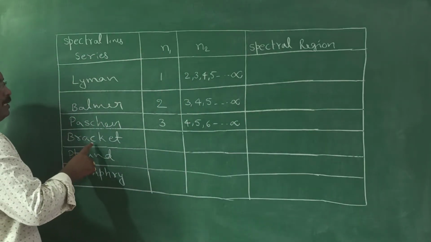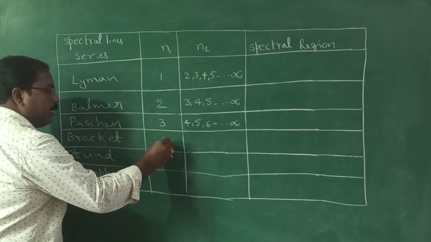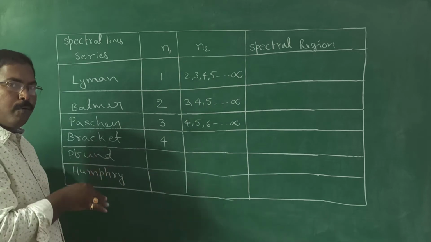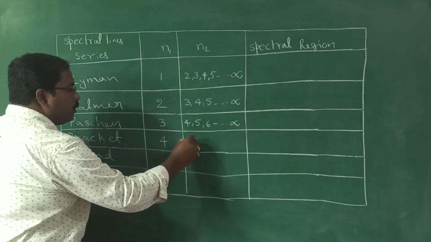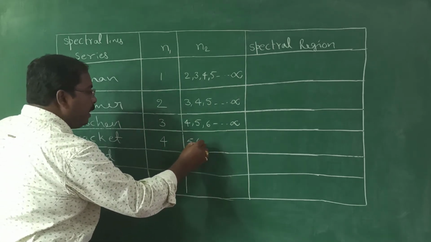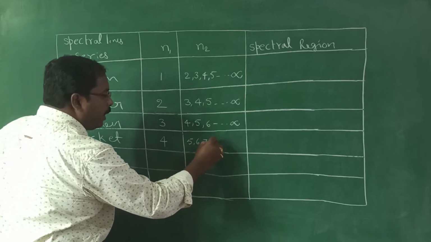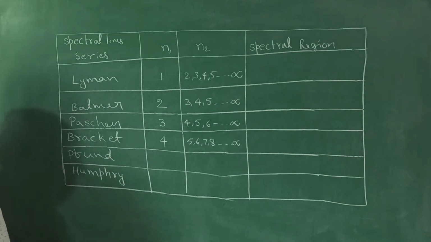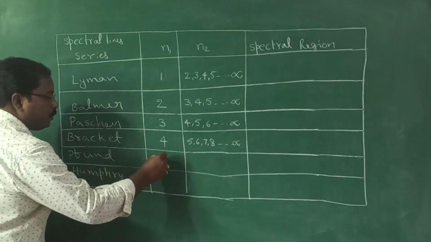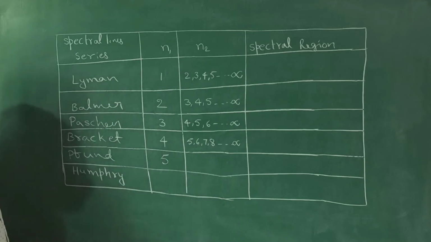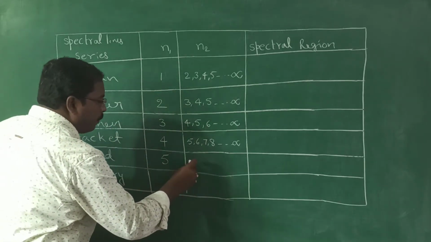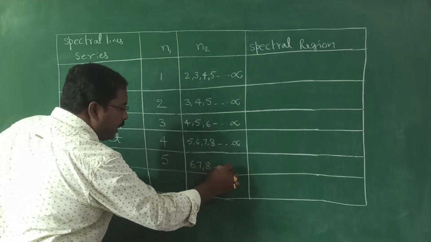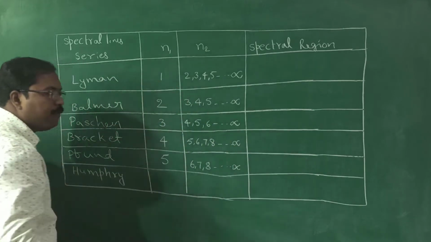Now coming to the Brackett series of lines. In this series, the electron jumps from any orbit to the fourth orbit, so the n2 value can be 5, 6, 7, 8, anything up to infinity. Now the Pfund series means any orbit to the fifth orbit, so the higher levels will be 6, 7, 8, 9, 10, up to infinity.